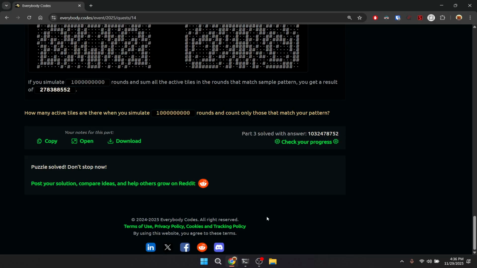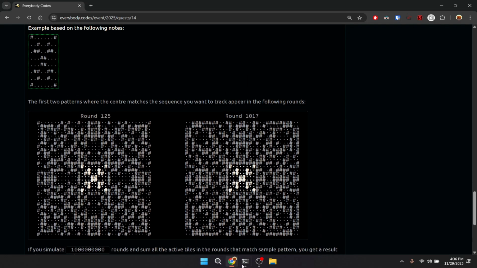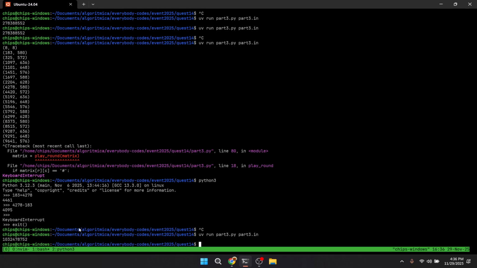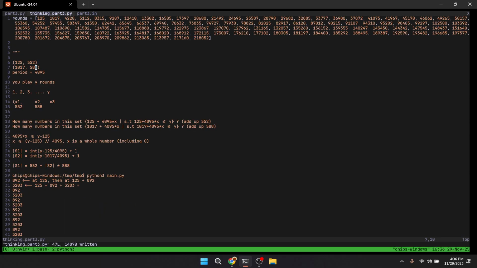Okay, we got it. So it just creates patterns, and you can look at those as these sets here.